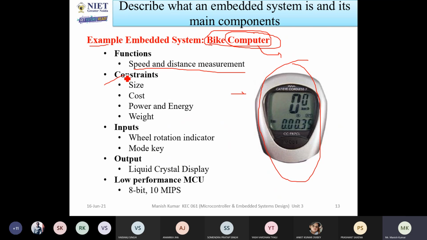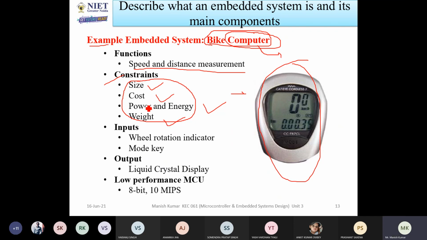So what are the constraints of this? Now the constraints are size, cost, power and energy, weight. So these things are the constraints. When we are manufacturing these devices, we have to take care of these things. Size will be small, cost will be lower, it will take less power, and weight also will be less.